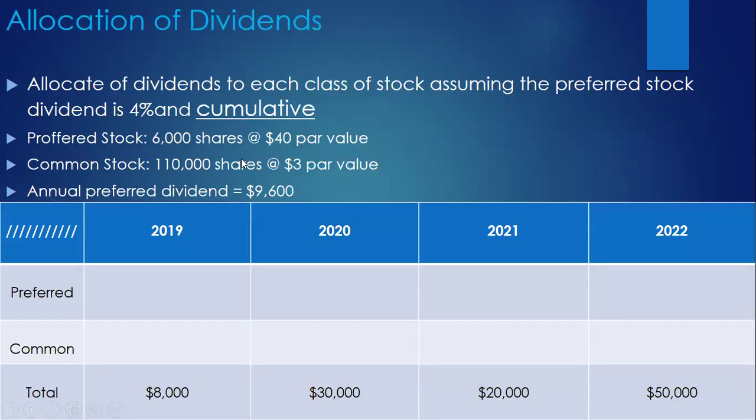Now, we're going to have to work on the annual preferred dividends first. Why? Because preferred stockholders will get the money first before the common. If there's not enough money for both of them, unfortunately, common stockholders are out of luck.